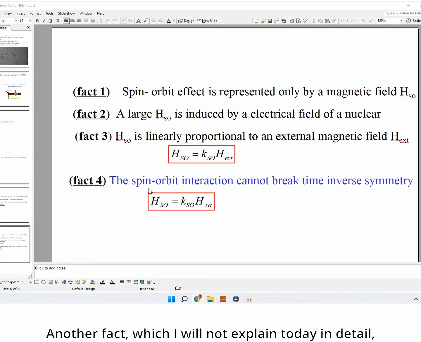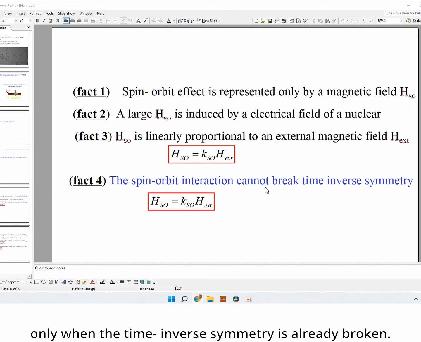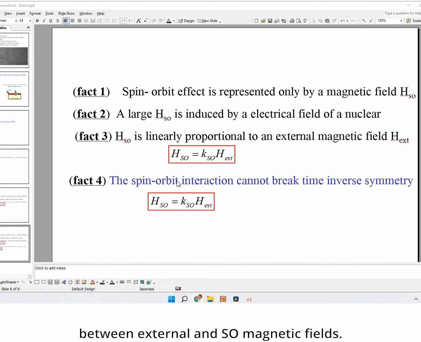And another fact, which I will not explain today in detail, is that the spin-orbit interaction cannot break the time inversion symmetry by itself. The spin-orbit interaction can manifest itself only when the time inversion symmetry is already broken. That fact leads again to the same linear proportionality between external and SO magnetic fields.